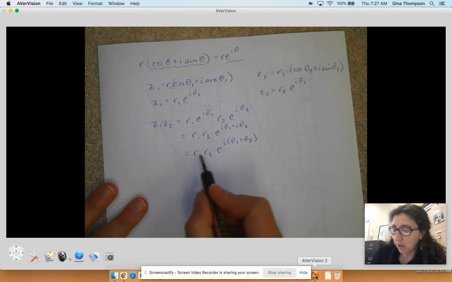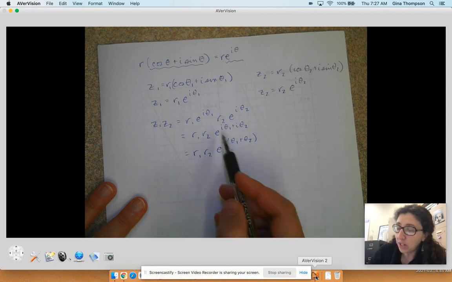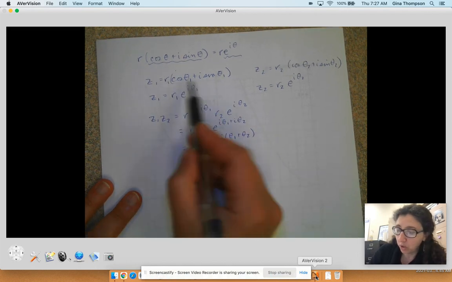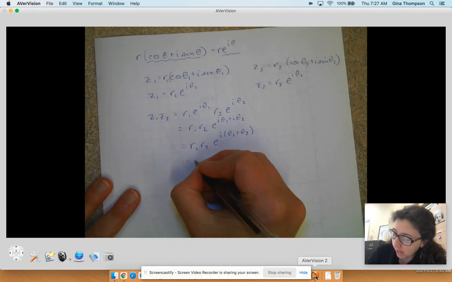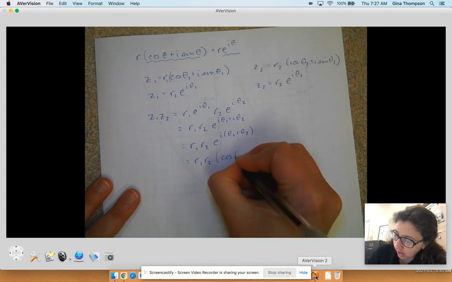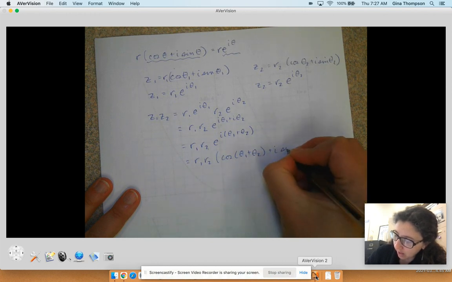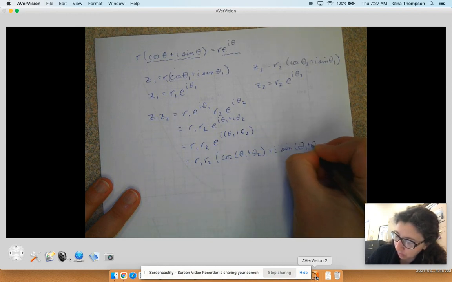So we just multiply the two r's together and add the two thetas together. If we wanted to put it back into polar form like we're used to, we could just write this as r1 times r2, and then cosine of theta 1 plus theta 2, plus i sine of theta 1 plus theta 2.